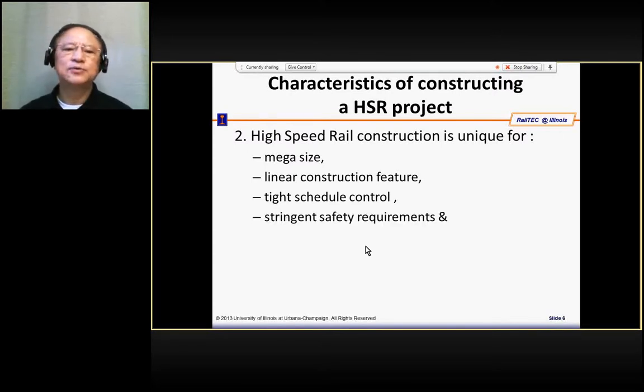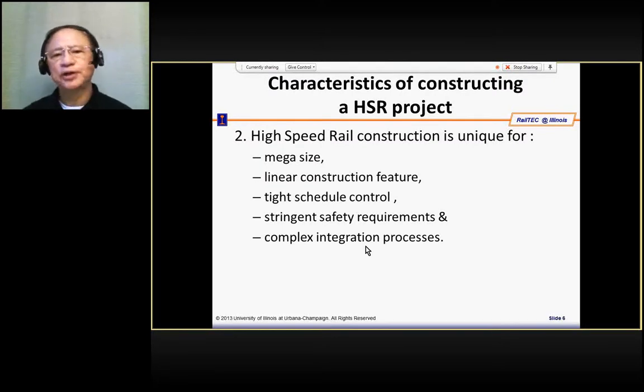Another characteristic is that the safety tolerance for high-speed rail system is very narrow or almost zero. There is no tolerance for any sloppy work for a high-speed rail system. So you have to fulfill this kind of safety requirement with good quality. Good quality is important in order to maintain the system safe.